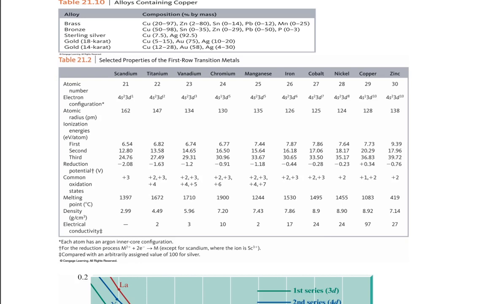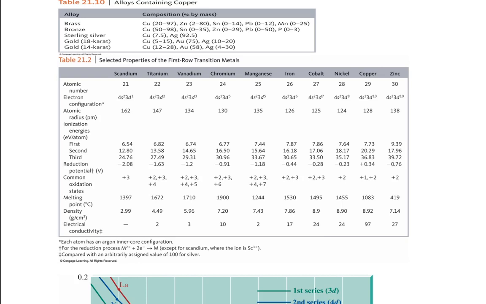We're just adding one more electron, of course, one more proton in the nucleus, and cobalt is as expected, so is nickel. But then we get to copper and we see 4s1, 3d10. So again, lower energy with that second 4s electron in the 3d atomic orbital. And then zinc, 4s2, 3d10. So that shows the filled 3d atomic orbitals.